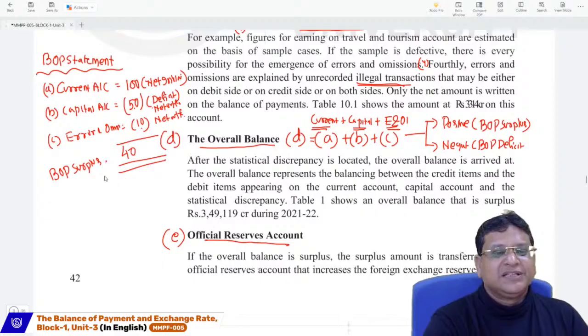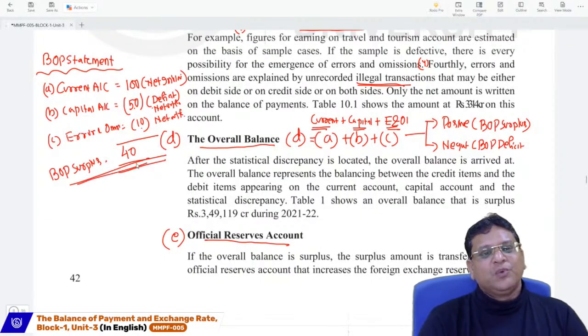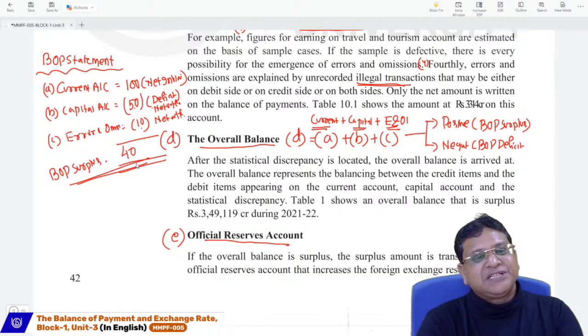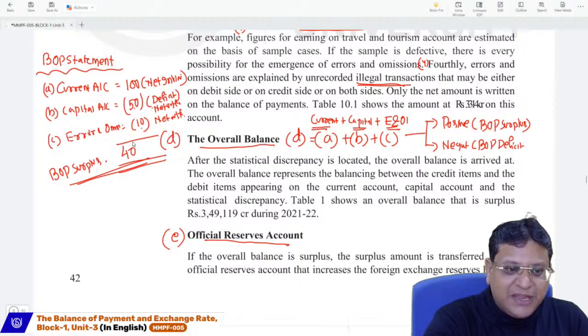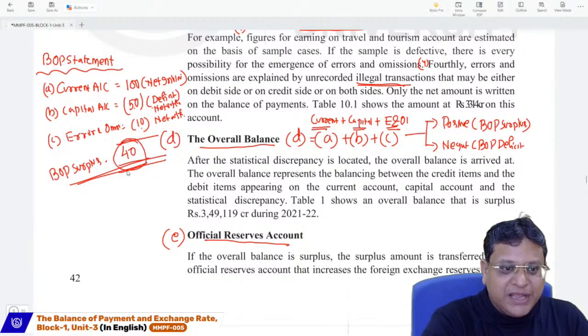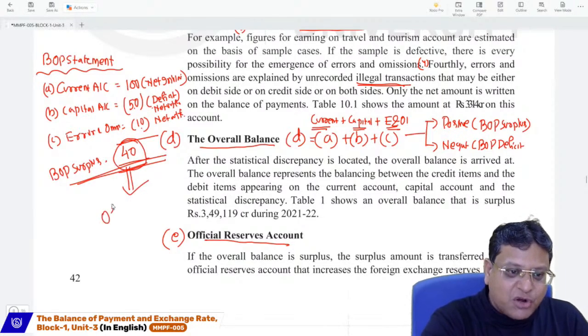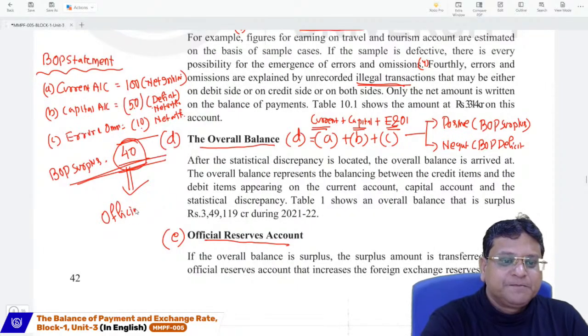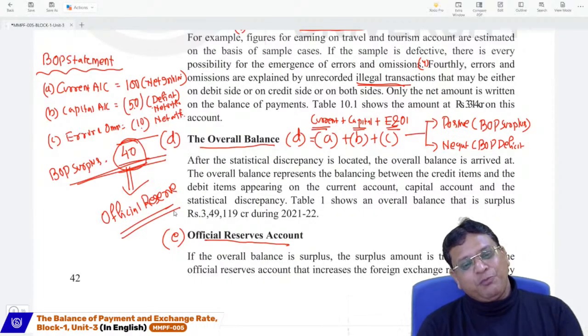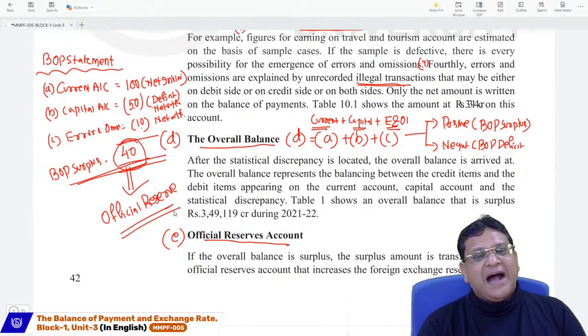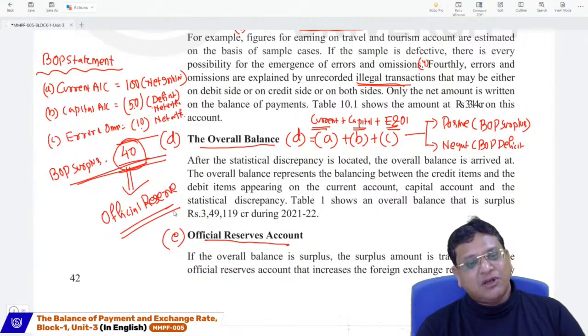Now, if there is BOP surplus, it means you receive 100, you pay 60, and this 40 will add to the official reserve of India. Every country maintains foreign currency reserve, and if there is a BOP surplus, this will be added to official reserve.